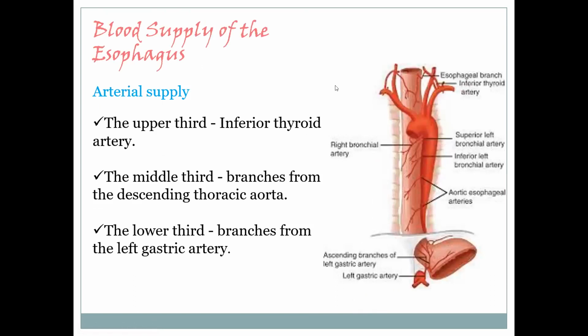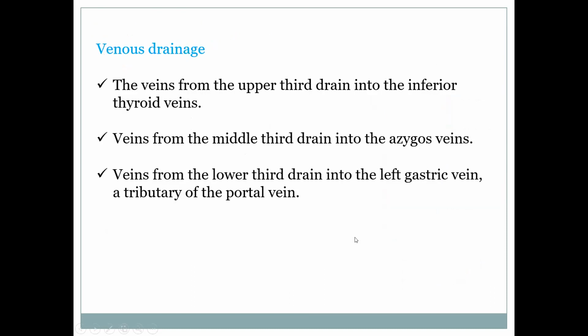So when we talk about the blood supply of the esophagus, its arterial supply can be divided according to upper, middle and lower parts. So the upper 1/3 is supplied by the inferior thyroid artery. And the middle 1/3 comes by branches from the descending thoracic aorta. Lower 1/3 comes from branches from the left gastric artery.